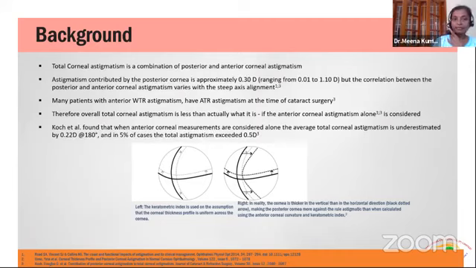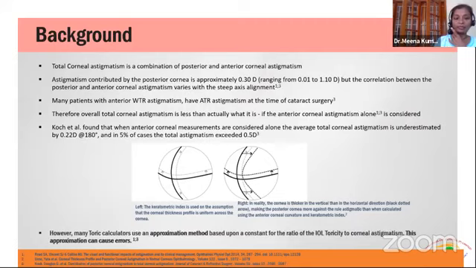And the astigmatism contributed by the posterior cornea, though it's approximately 0.30 diopter, ranges from 0.01 to 1 diopter. But this needs to be correlated very well, and we don't know which patient has what, as most of us use keratometers, which measure only the anterior corneal astigmatism.